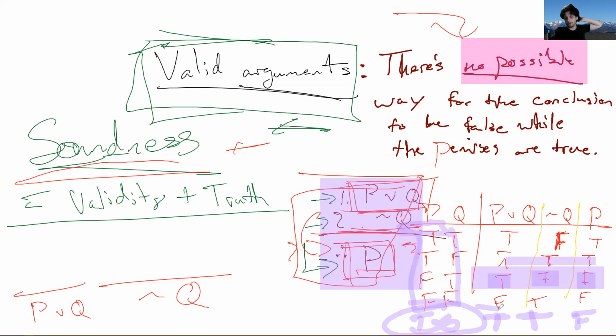Certain arguments will be invalid, but the point is, there's no possible way here. There's no world where we can accept that both premises are actually true while accepting that the conclusion is false. So there's no way that can happen.